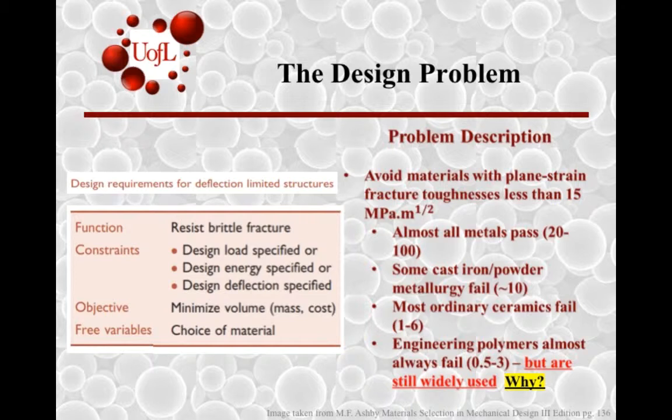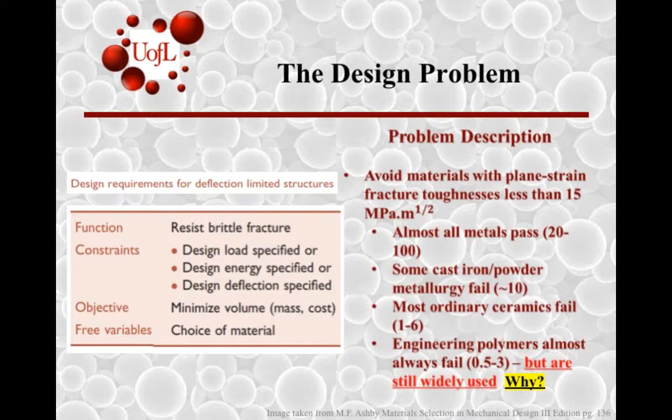And a rule of thumb is generally it shouldn't be anything less than 15 MPa.m². So metals always pass this. Some cast iron and powder metallurgy can be around this. Sometimes they fail. Ceramics almost always fail, and then polymers almost always fail.